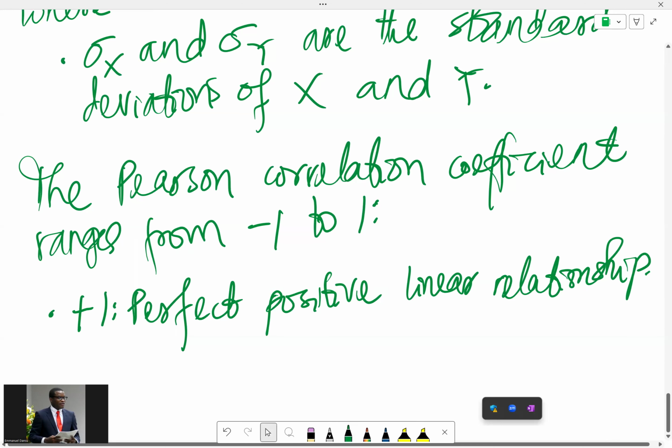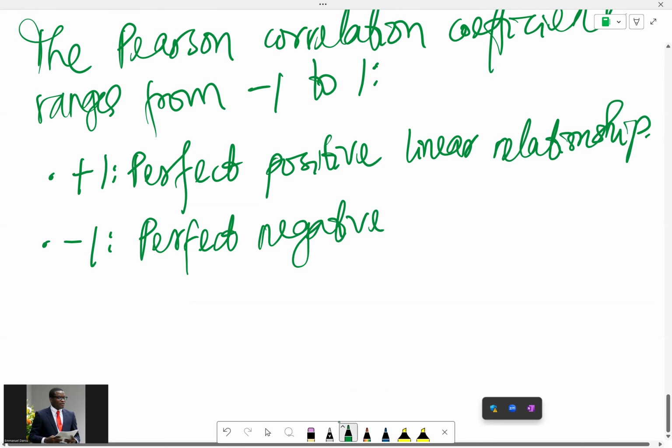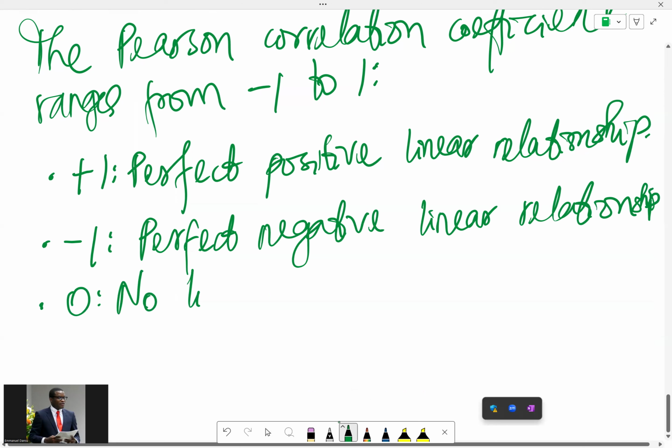On the other hand, if you have -1, that is perfect negative linear relationship. Okay, so you can also have 0. 0 tells you no linear relationship.